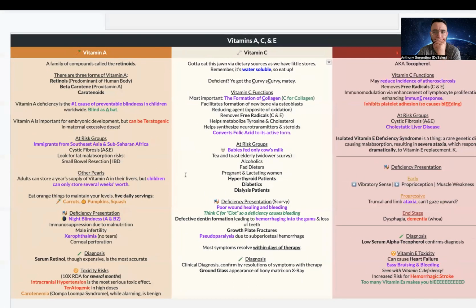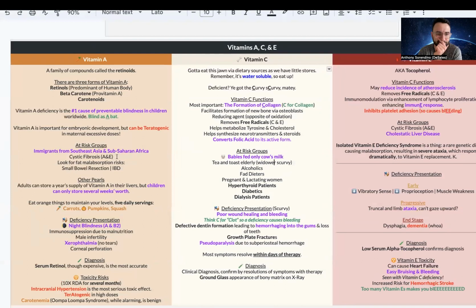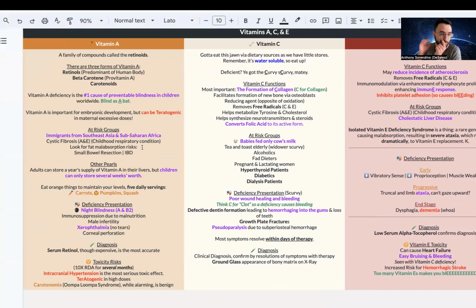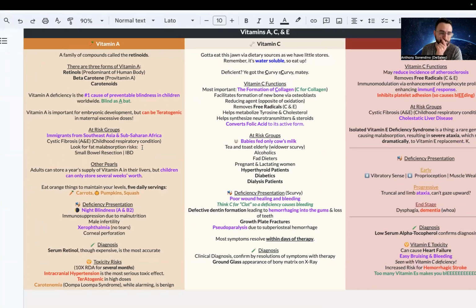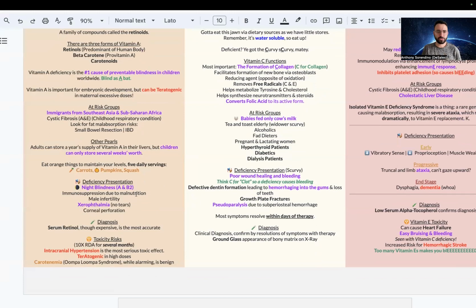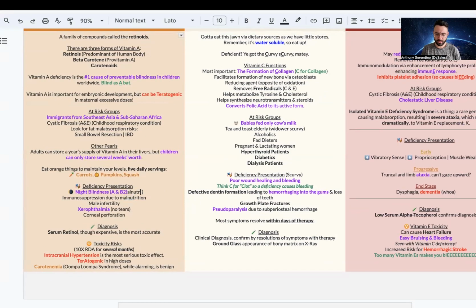This is cystic fibrosis, A and E. You could say like childhood respiratory condition. This stuff too, eye condition.